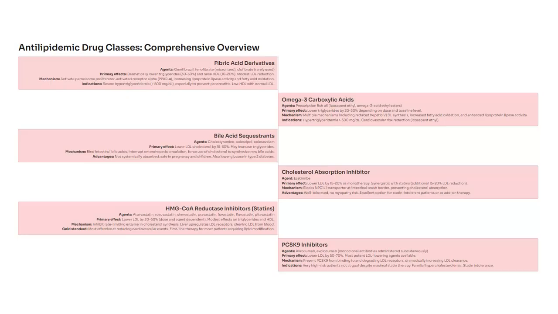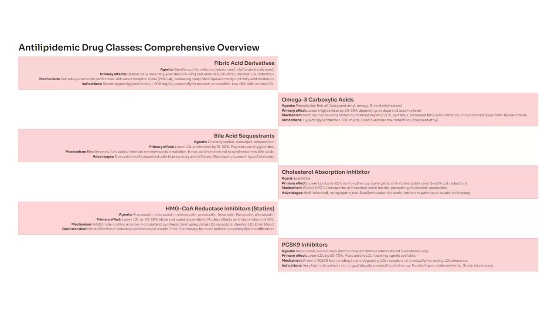Those dramatically lower triglycerides and raise HDL. And you usually see that for patients with hypertriglyceridemia, high triglycerides greater than 500, especially to prevent pancreatitis. You don't need to know the rest of that part.